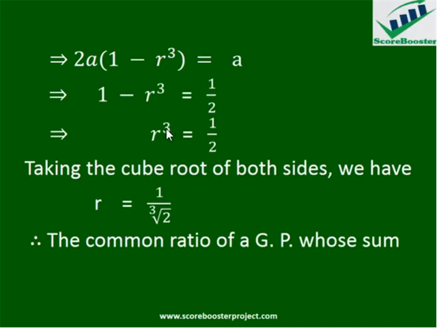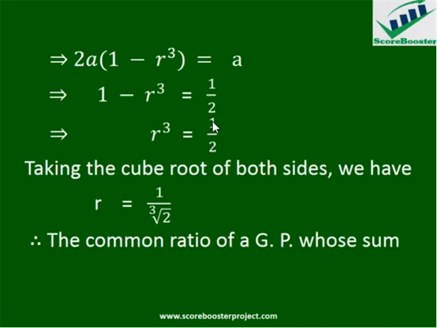And according to the rule of indices, r raised to power n multiplied by 1 over n is the same thing as writing r raised to power 1. So r raised to power 3, everything raised to power 1 over 3, is the same thing as writing r raised to power 1, which is r, equals the cube root of 1 over 2.